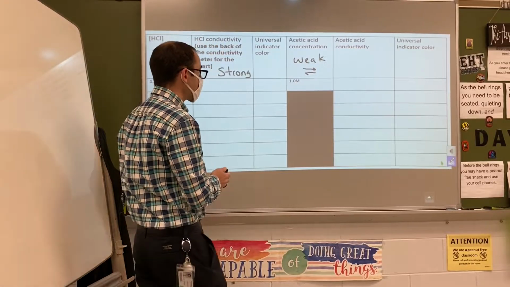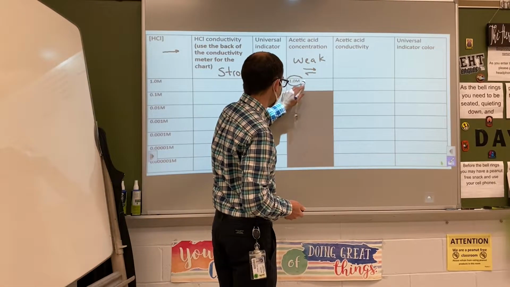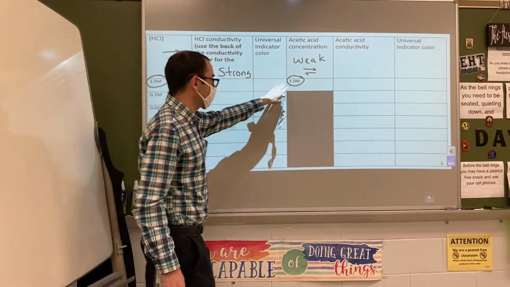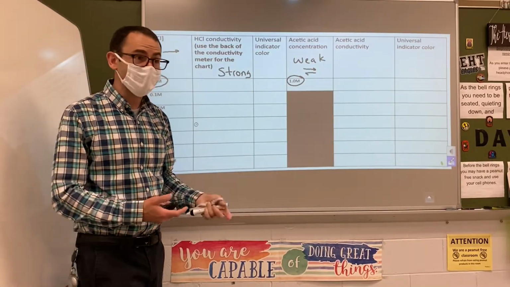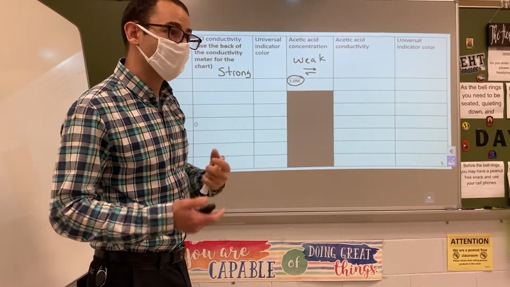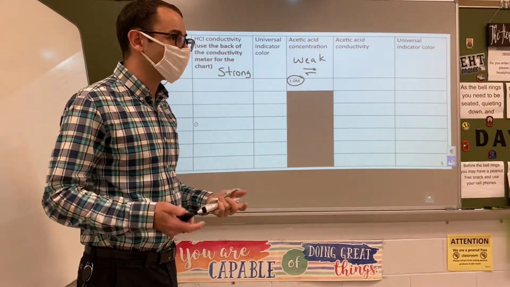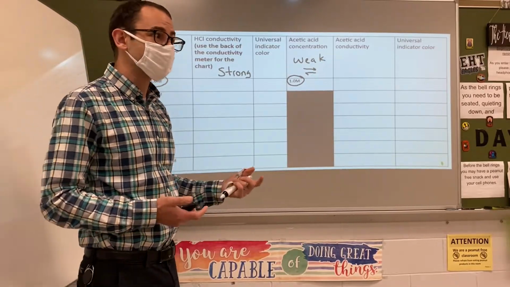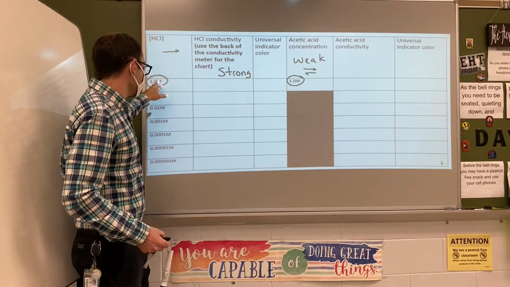But today we're basically going to compare 1 molar acetic acid with 1 molar hydrochloric acid and see if they're the same strength. They both have the number 1 in them, right? They're both 1 molar, but which one do you think is going to be stronger? HCl, right? Because it's the strong acid. Spoiler alert, yeah, that's true.